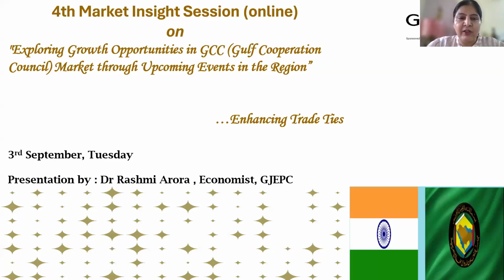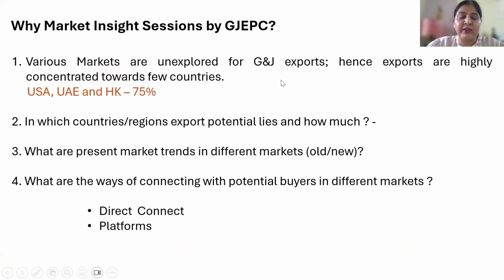Before handing over the session to Mr. Ashish, it is very important to understand why the GJPC is conducting these market insight sessions. This is the fourth market insight session conducted by the council in the last one and a half month. What is the line of thought? Number one, there are so many unexplored markets.